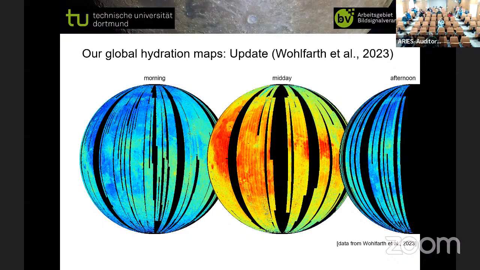But the resulting weight fraction, in ppm, of hydration is really low. So we didn't find nearly percents of water in the lunar surface material as some others found, but only maybe a few ppm. You can decide for yourself what you find more realistic.